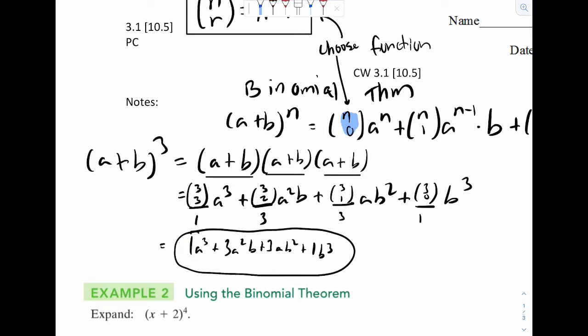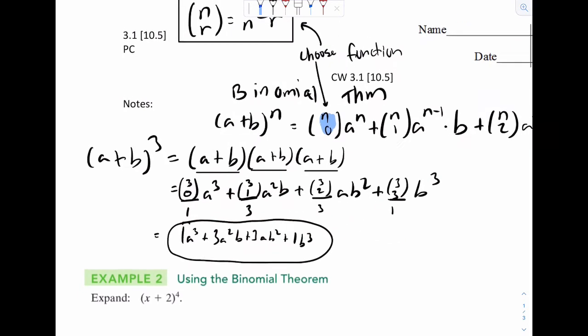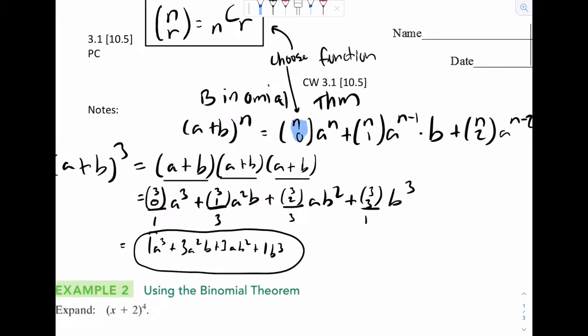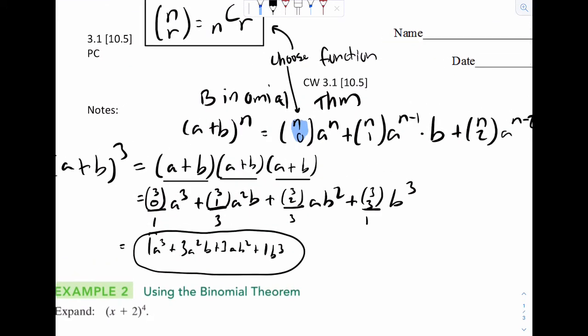Now notice how I did it from the perspective of the A's. You could also do it from the perspective of the B's. So I could erase all these, and I could think, well, there are no B's here, so I'll put 0. There's 1 B here, 1, and then 2, and 3. And you plug this in, you're going to get the exact same values, 1, 3, 3, 1. So that's pretty neat. And you also want to notice this here. Look at the powers that are happening.